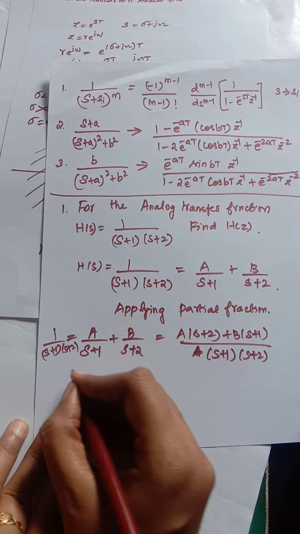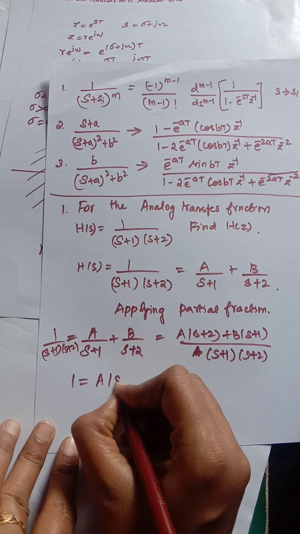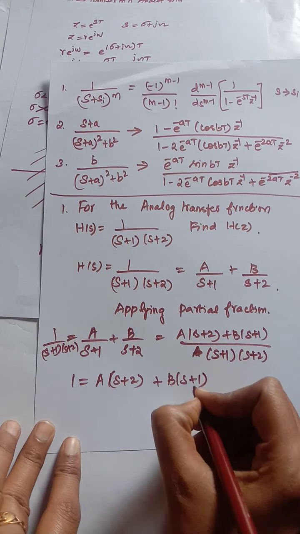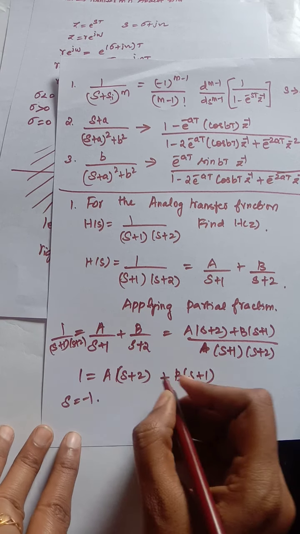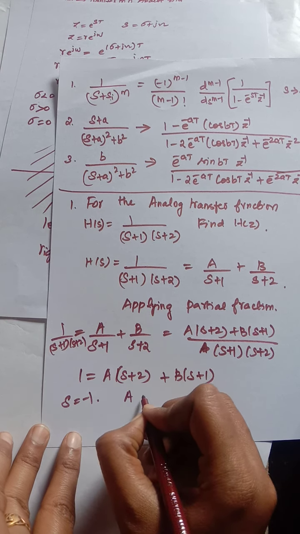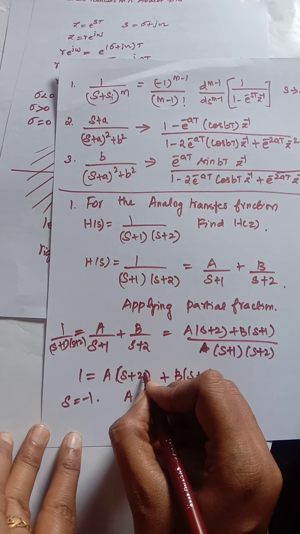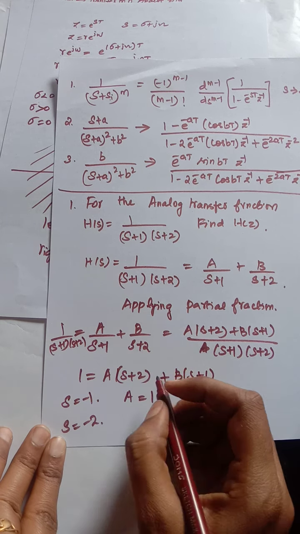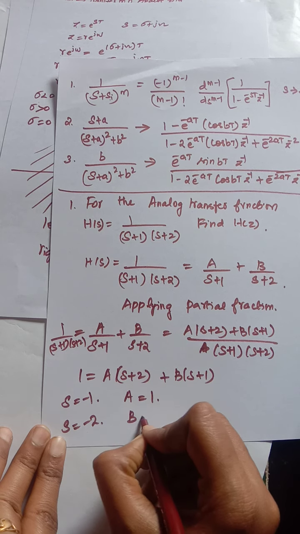Now the denominators get cancelled, so 1 is equal to A into s plus 2 plus B into s plus 1. Substituting s equal to minus 1, B becomes 0 and A becomes 1. When s is equal to minus 2, A becomes 0 and B becomes minus 1.